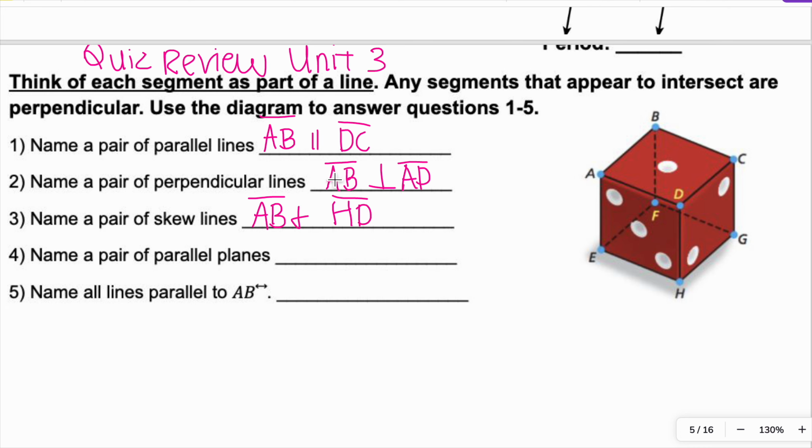And then a pair of parallel planes. For this one, I said plane ABF and plane DCG. And then all lines parallel to line AB, we can say line DC, line HG, and line EF.